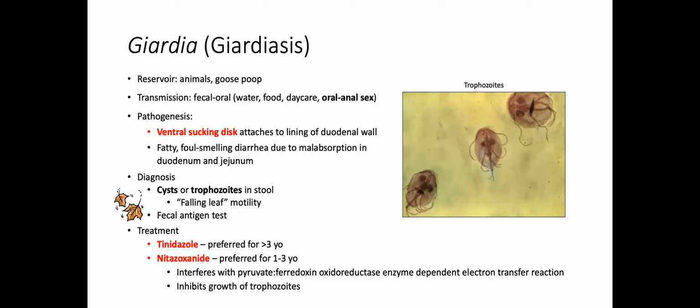They've got that fatty, foul-smelling diarrhea due to malabsorption. Diagnosis is by cysts or trophozoites, and that's what's in this picture. They sort of have little faces, and they also look like falling leaves. Treatment is going to be tinidazole, which is preferred for over 3 years old, or nitazoxanide, preferred for years 1 to 3.